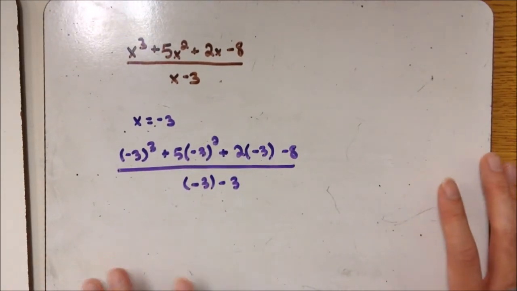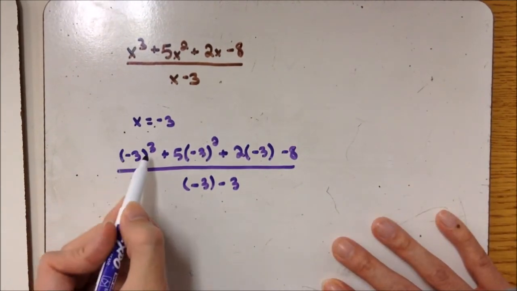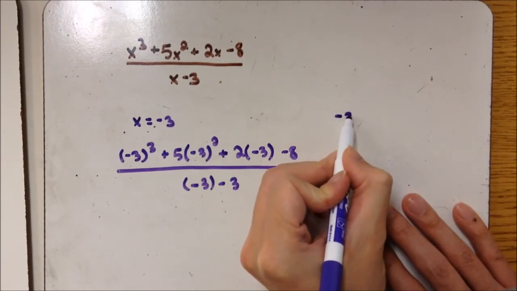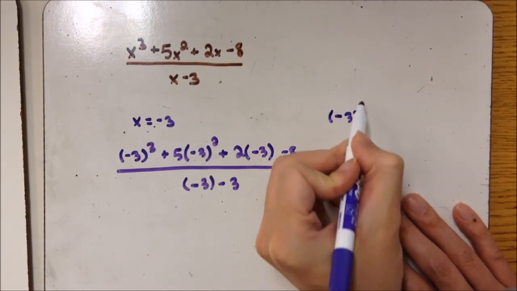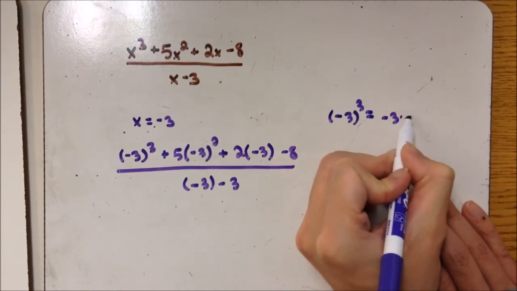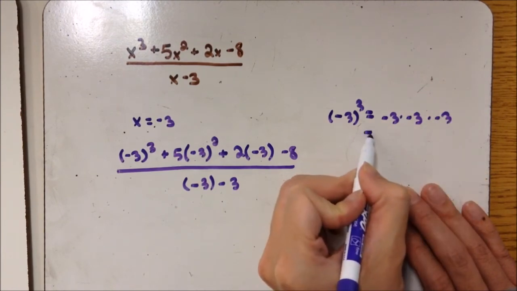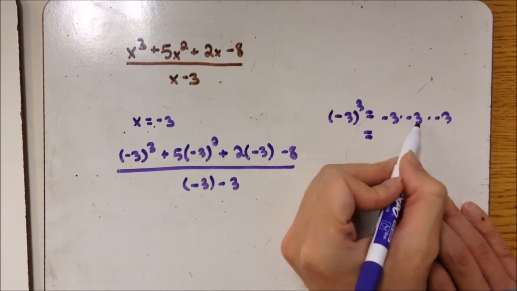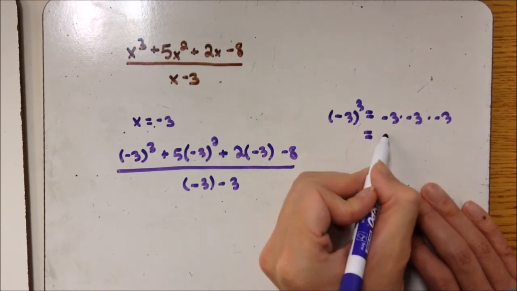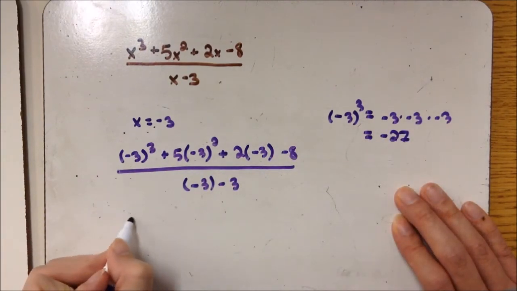Now, focus on the exponents first. So negative 3 to the third power is basically negative 3 times negative 3 times negative 3. So negative 3 times negative 3 is a positive 9. And then a positive 9 times negative 3 is negative 27. So I'm going to write negative 27 here.